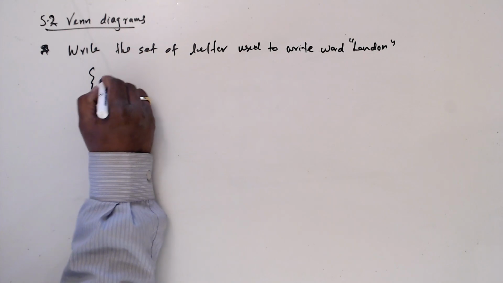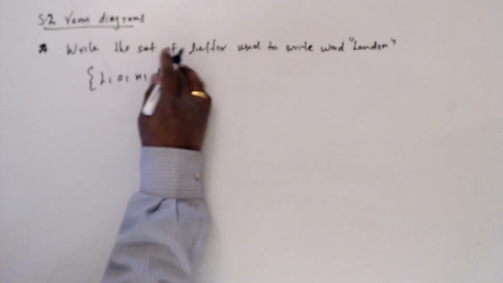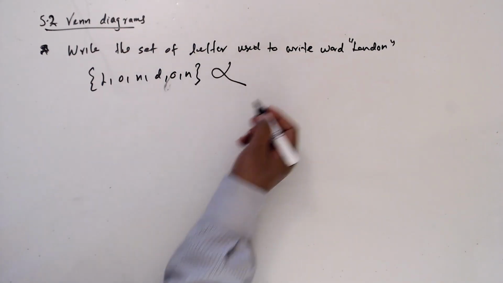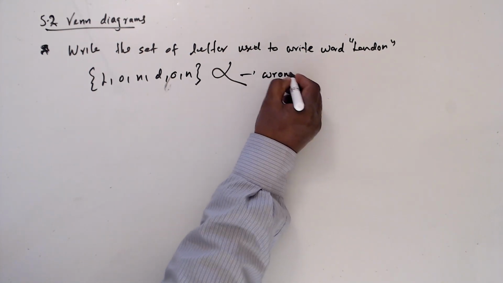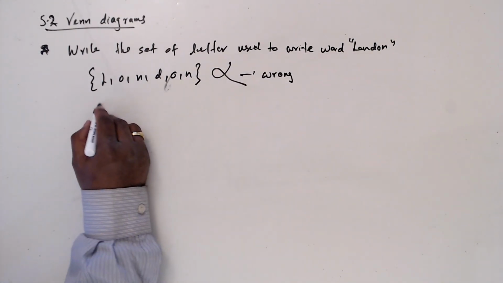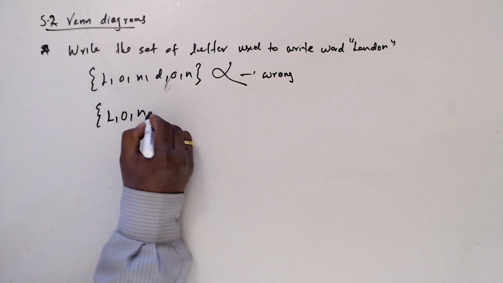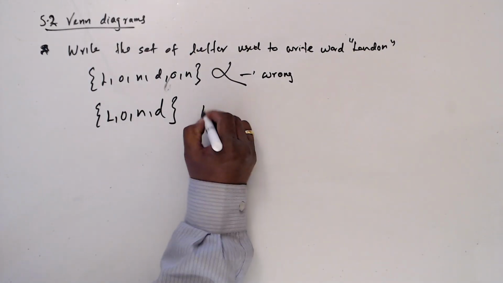So if we write LONDON, this is wrong. We can't repeat the letters. So no repetitions.